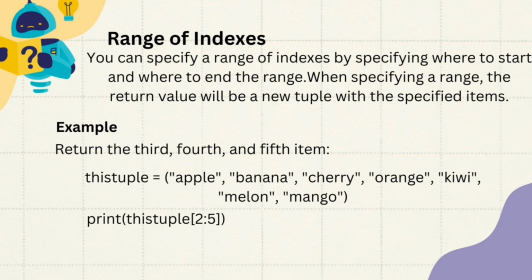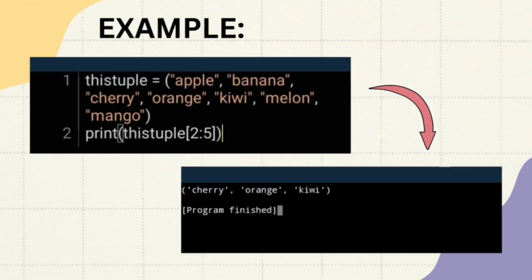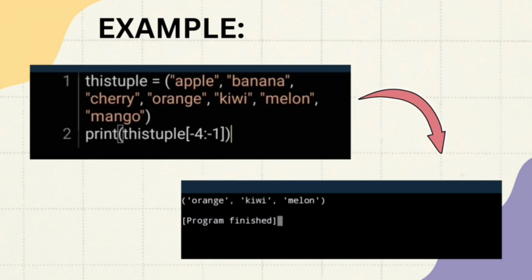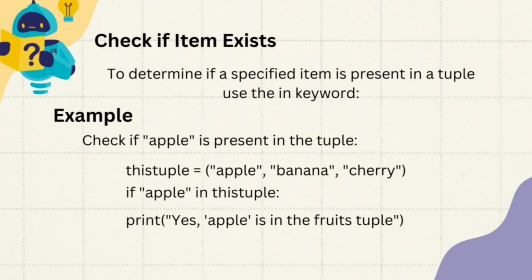When specifying a range, the return value will be a new tuple with the specified items. Range of negative indexes. Specify negative indexes if you want to start the search from the end of the tuple. Check if item exists. To determine if a specified item is present in a tuple, use the in keyword.